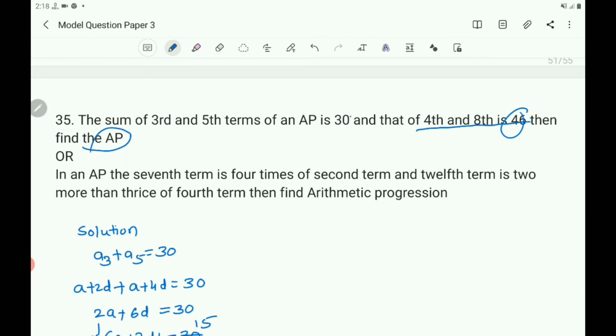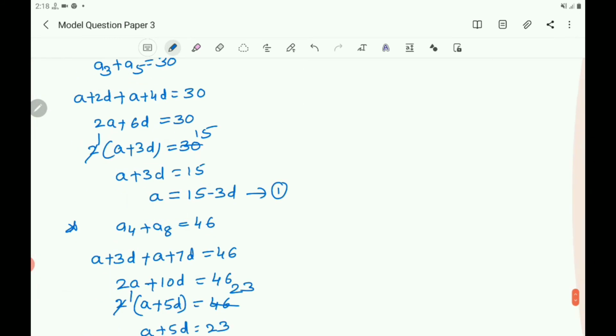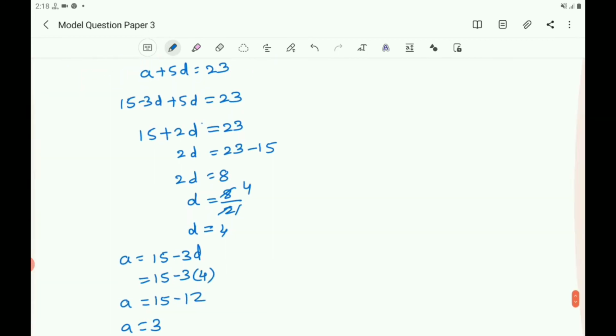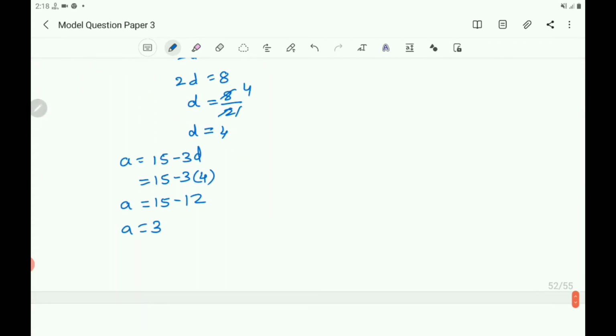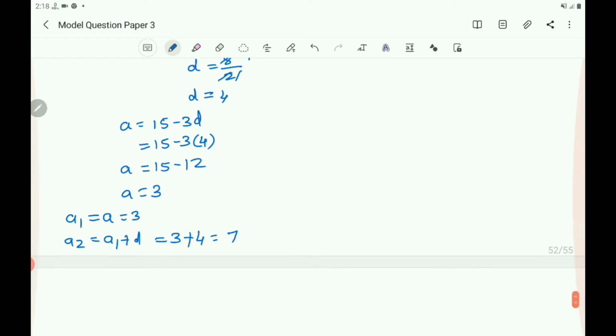Now here the question is to find the AP. AP means let us find first term, second term, third term. So write A1. A1 means first term a, that is 3. Then you take A2. A2 means first term plus d. That is A1 is first term, that is 3. d is 4. 3 plus 4, 7.